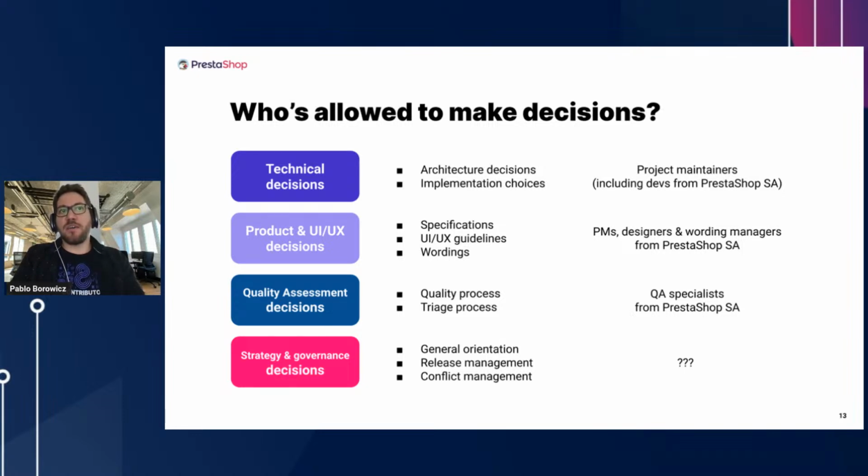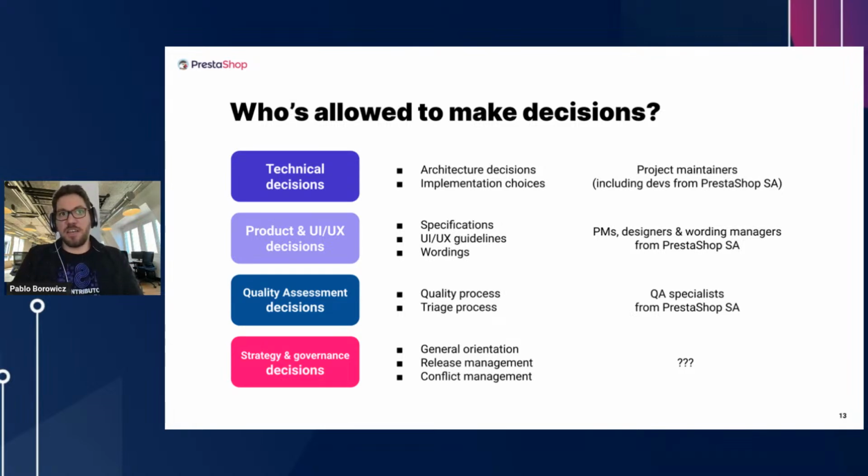For product UI and UX decisions like specifications, the color of buttons, and wordings, those are currently made by product managers, designers, and wording managers, people who are employed by the company. Quality assessment decisions, like the quality process, the triage process for issues, and even validation of PRs, are made by QA specialists from the company.